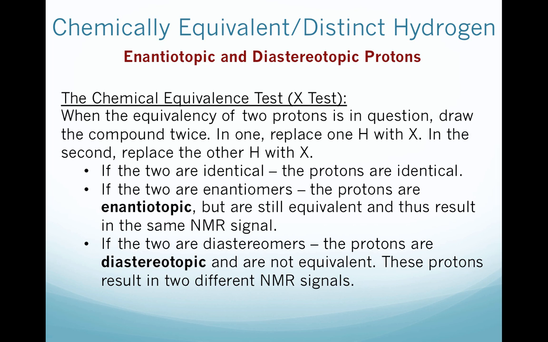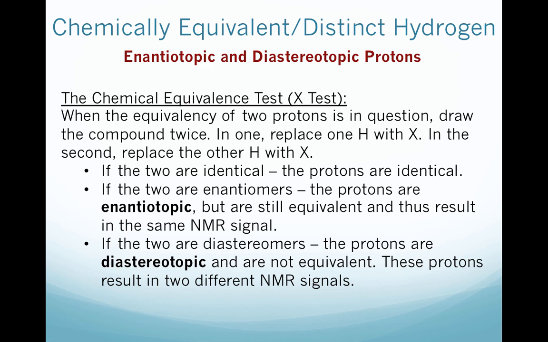If two protons are in question, we're going to draw our compound twice. And those two protons that are in question, in one of our drawings, we're going to replace one of the hydrogens with an X. In our second drawing, we're going to replace the other hydrogen with an X. Then we're going to figure out the relationship between those two compounds.